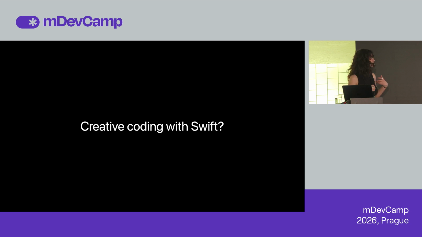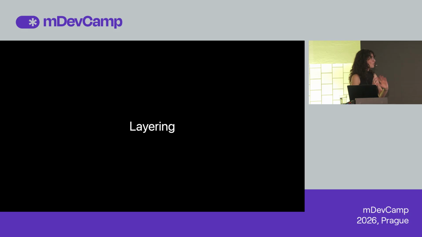But first, let's see together how the creative process of creative coding actually works, how it looks. The core of creative coding is layering. You start with a simple shape, then you bring some sequence.